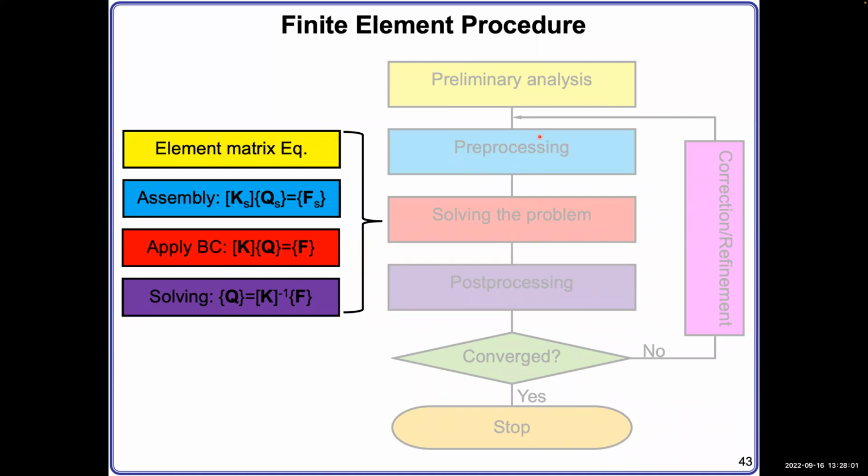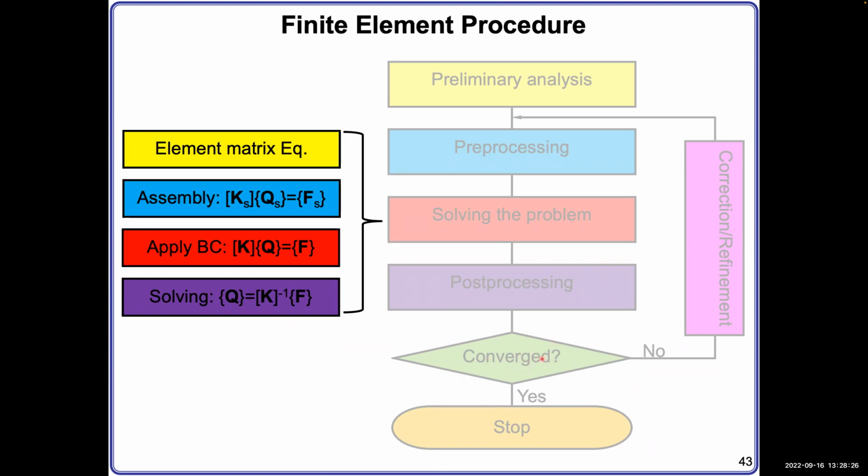For the finite element, you have different meshes, and then you solve the problem, and then you interpret the results. Sometimes you have a theoretical solution, and the finite element simulation solution may not match the theoretical solution. If they match, it's called converged.